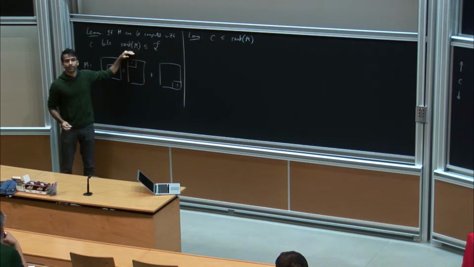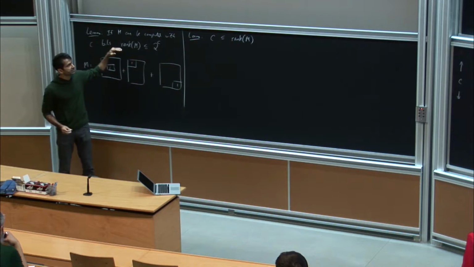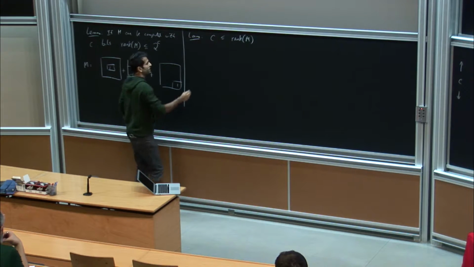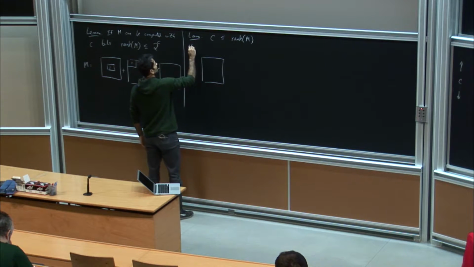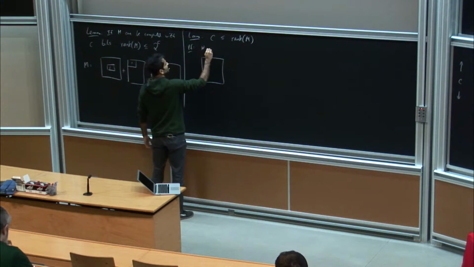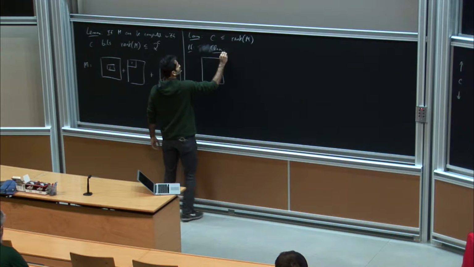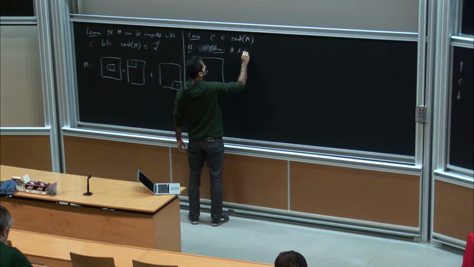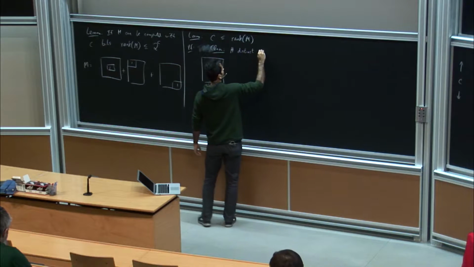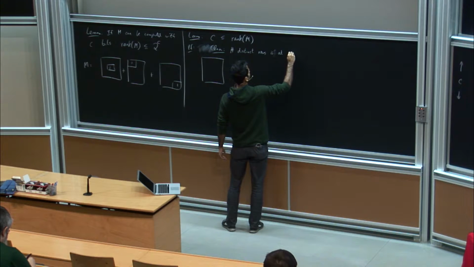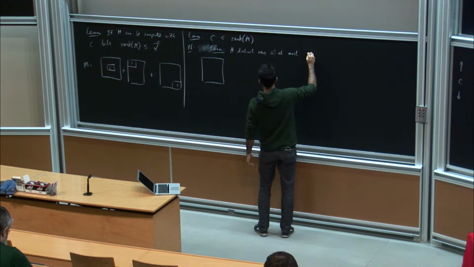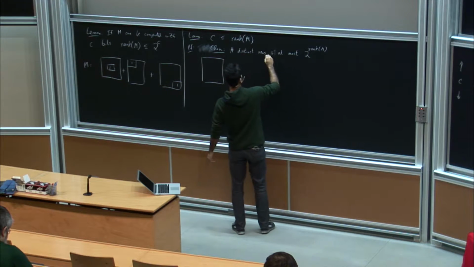And that means, so again, sketch the proof. So the first claim is that the number of distinct rows is at most 2 to the r. And the same thing applies to the number of columns.